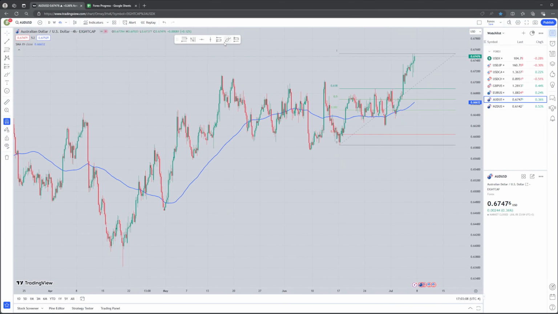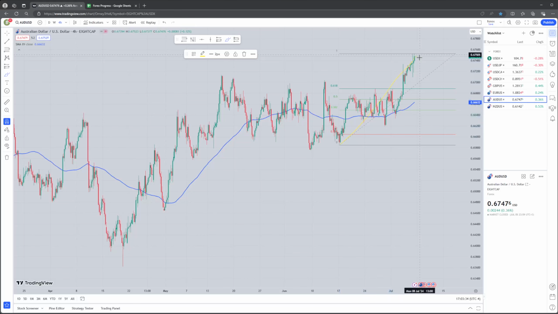Okay, Aussie. So here, for the last few months, the market has been going back and forth like this, right? But over the last week, we have the price consistently behaving above the blue moving average line, which signifies the uptrend has begun in the Aussie.